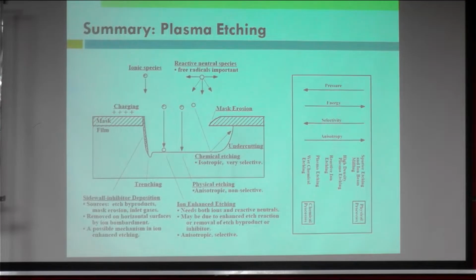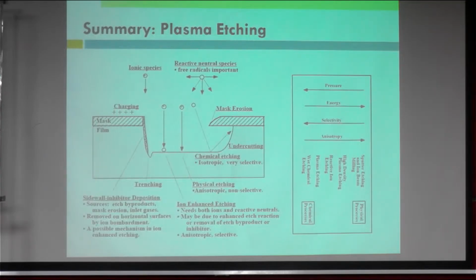So in summary, the plasma etching that we have discussed can be controlled in order to have a straight etching process by avoiding the undercutting that happens with chemical etching. For example, you can control the bombardment of the ions and have the inhibitor deposited on the side wall over time while the process is happening.